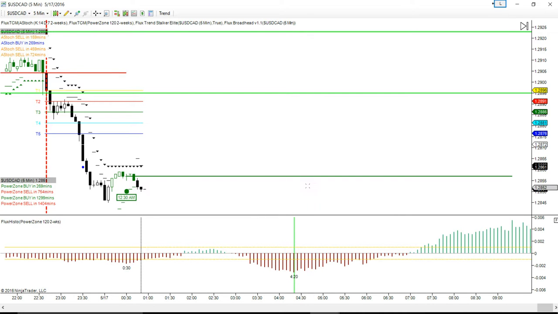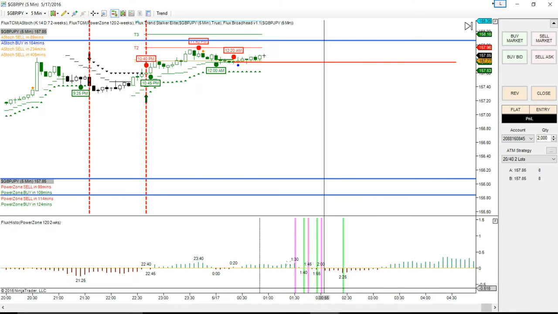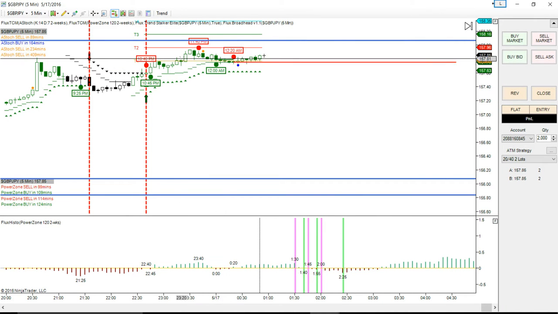I had a beautiful trade again on the Great British Pound JPY. Awesome entry. And I wound up catching almost 200 pips. Oh, excuse me. Let's see. JPY right here. Right now it's in consolidation.